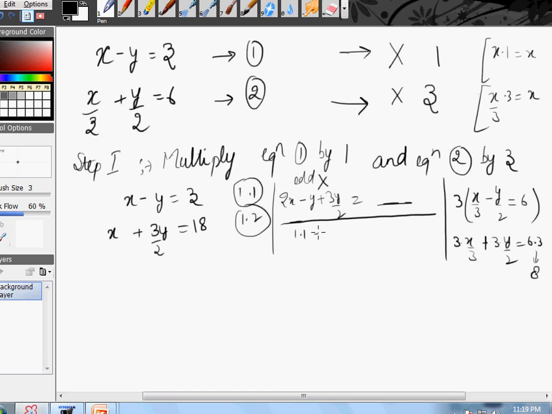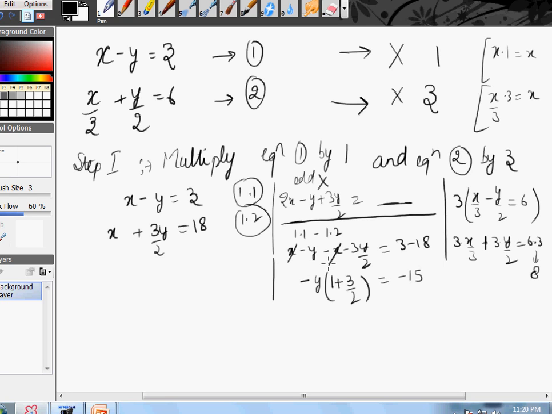So if we subtract 1.1 and 1.2, we will get x minus y minus x minus 3y by 2 equal to 3 minus 18. Clearly x is getting subtracted here and vanishing, and with regard to y, taking minus y common, we are left with 1 plus 3 by 2 equal to 3 minus 18, which is nothing but minus 15.